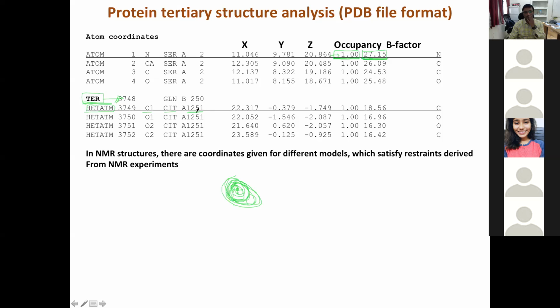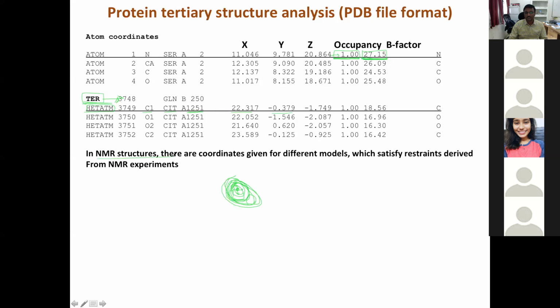How these atoms are connected is given by another piece of information I've not shown here. It's called the CONECT record. Again, they have XYZ coordinates. You can analyze these XYZ coordinates to find where they are lying in the protein tertiary structure.